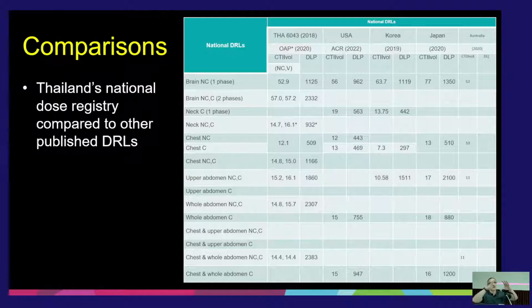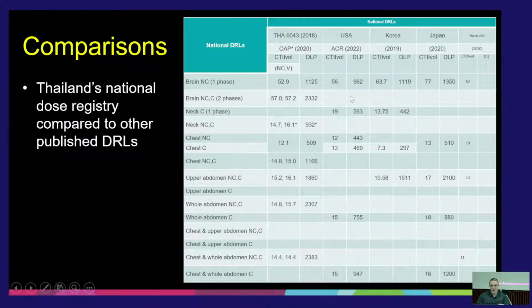For example, here in Thailand, the median values of the 9 hospitals are all lower than the Thai DRL. That's a wonderful thing. But what if you're maybe a standard deviation higher than all the regional nations? So it's always very helpful to do a 2-step comparison, locally and then internationally.